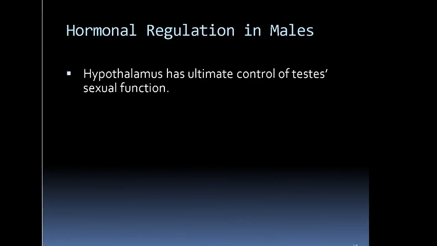Hormonal regulation in the male. We know the hypothalamus has ultimate control over the testes. The hypothalamus releases what we call the gonadotropic releasing hormones, and these stimulate the pituitary to release the gonadotropic hormones, which are your FSH and LH.